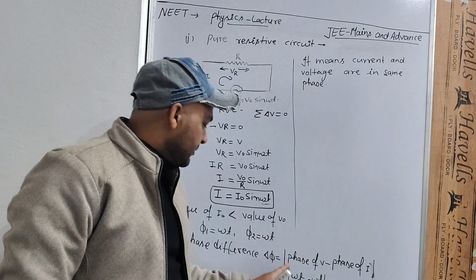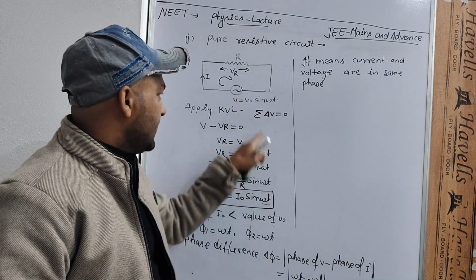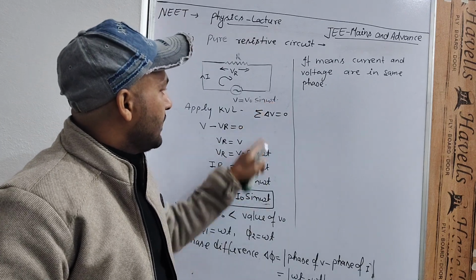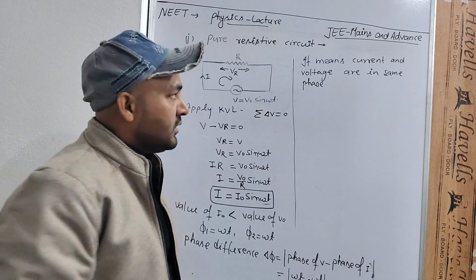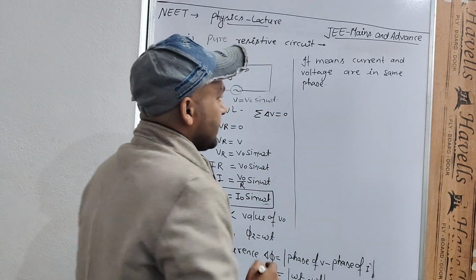Because the phase difference between voltage and current is 0, hence voltage and current are in same phase. Now we analyze this by using phasor diagram.